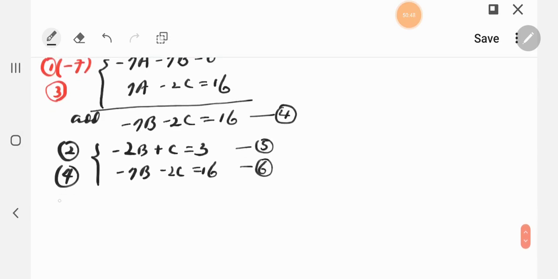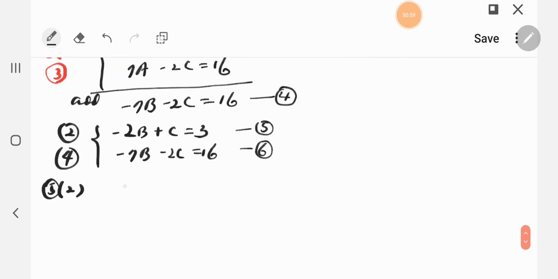So we will multiply the fifth equation by 2 so that we can get rid of c. Then that will be negative 4b plus 2c is equal to 6.